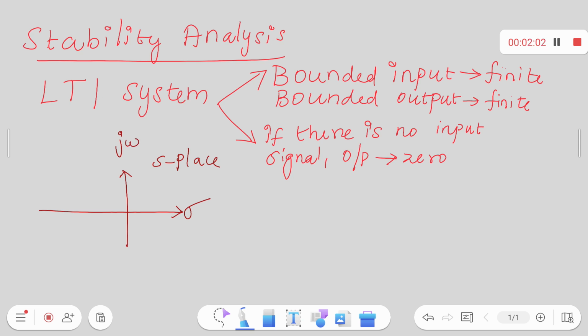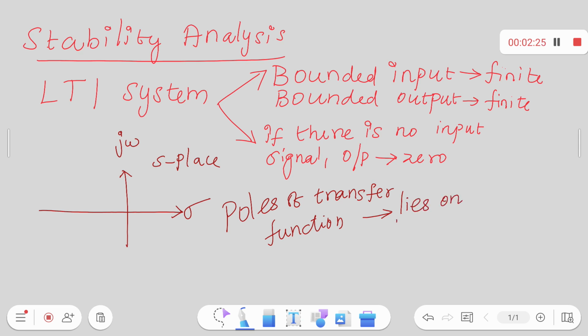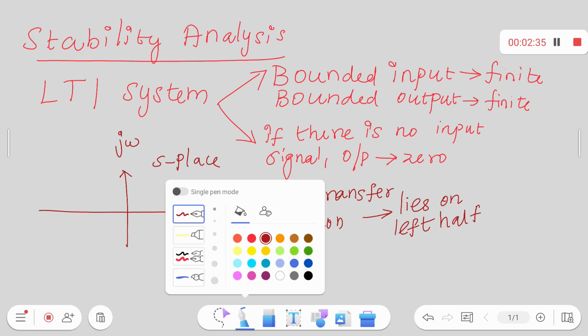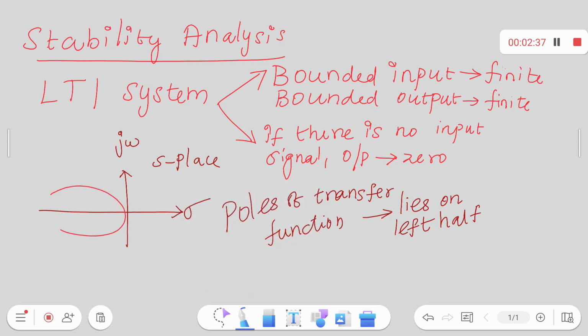If the poles of the transfer function lie on the left half of the S-plane, that means my left half of the S-plane is this.